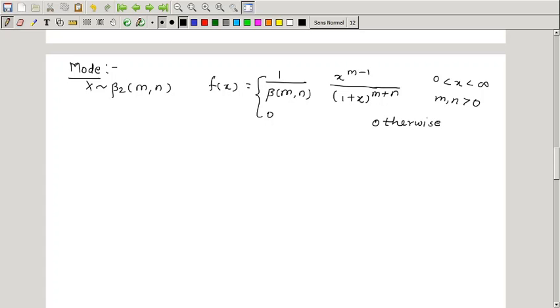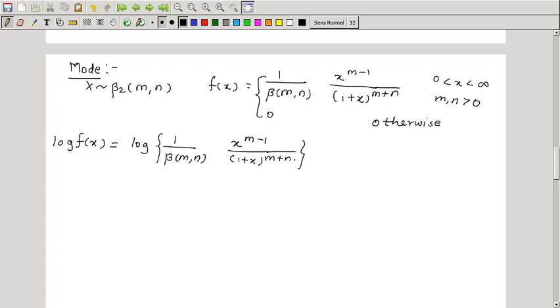Further I am taking the logarithm of the density function. So you have to just write the log of 1/B(m,n) x^(m-1)/(1+x)^(m+n). We know that log of a times b is log a plus log b.